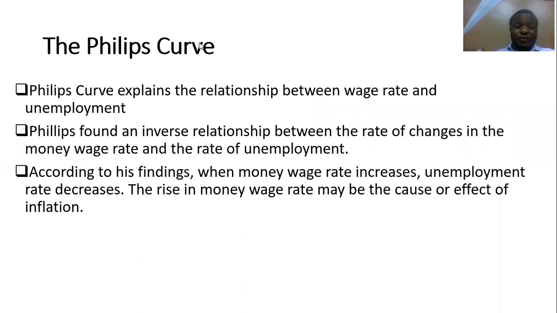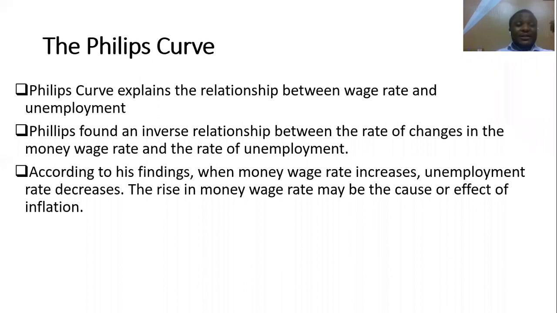When we check the next slides, we will see the period that he actually took for that wage rate data. So he took the wage rate data for that period, as well as the unemployment rate for that period. And then he decided to plot the graph for the two. And what did he find out?